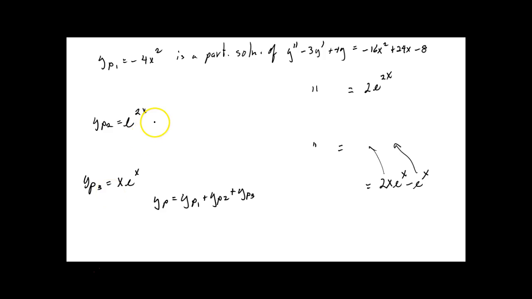So, what if now we have this as our differential equation. Linear, higher order, second order, y double prime minus 3y prime plus 4y equal, and you just add all these together, minus 16x squared plus 24x minus 8 plus 2e to the 2x plus 2x e to the x minus e to the x.